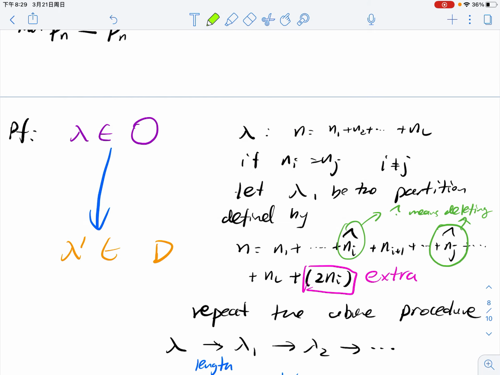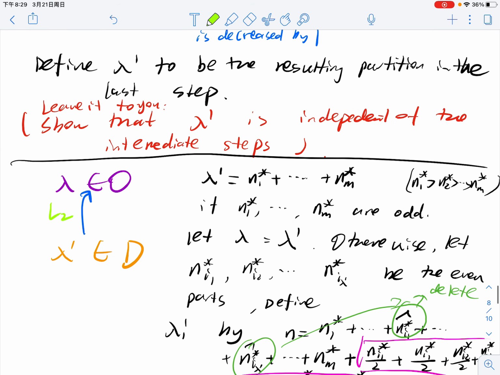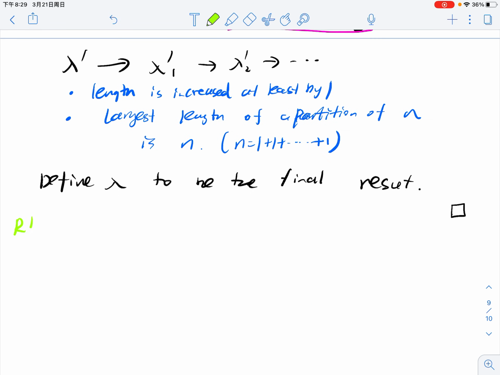That is, suppose this is L1, this is L2, remark: L1 compose L2 equals, sorry, L2 compose L1 is the identity map. So lambda maps to lambda prime, and the lambda prime maps to lambda. So you have an involution.